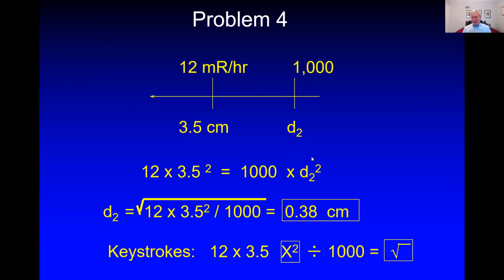If we solve for d2 squared, all under the square root sign, we're going to have 12 times 3.5 x squared key divided by 1,000 equals, and then we have to hit the square root key, and the answer is 0.38 of a centimeter. So if we go from 3.5 centimeters to 0.38, you can see that we've gone down by a factor of approximately 10.